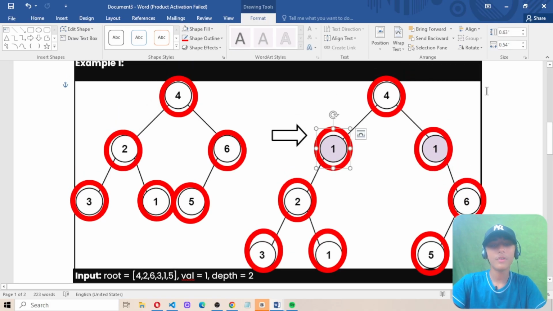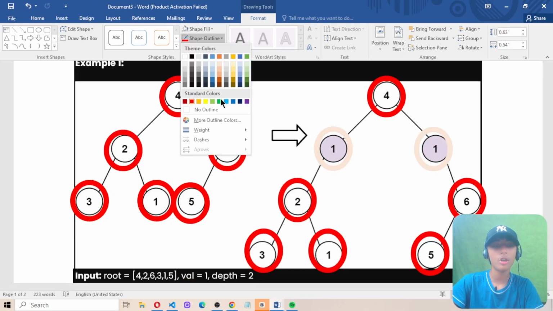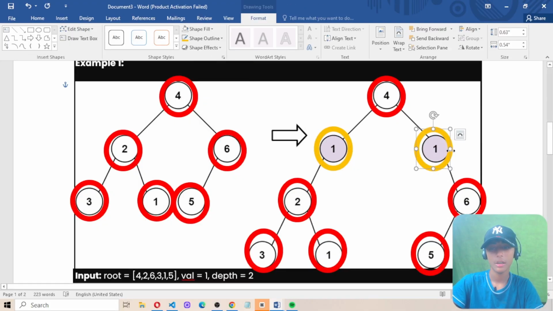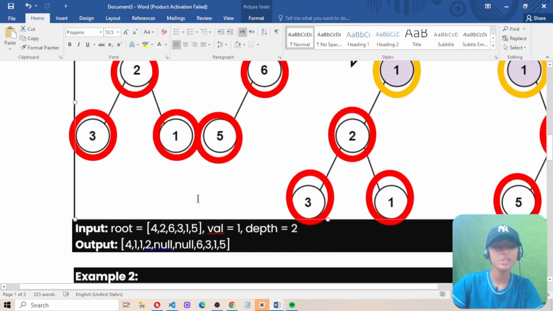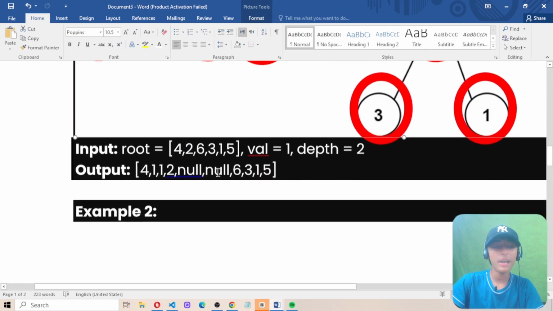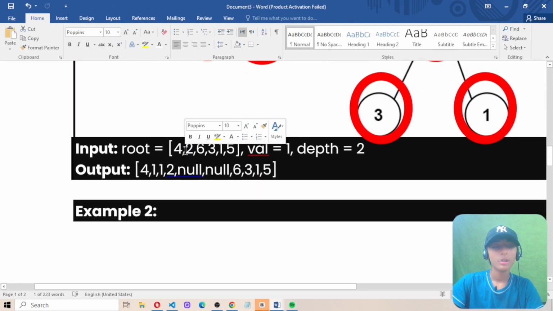If you see, both of these 1s are highlighted. Why? Let me show you. Here he created an integer array by the name of root, in which he wrote 4, 2, 6, 3, 1, 5. Here he created an integer val, in which he wrote 1, and one more integer, depth, in which he wrote 2.